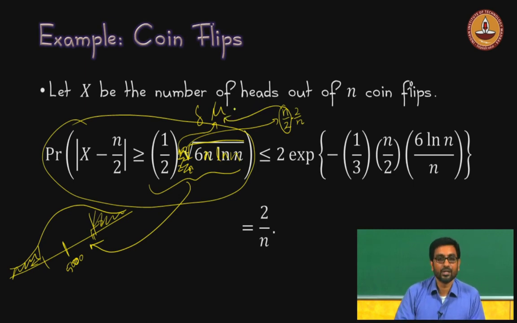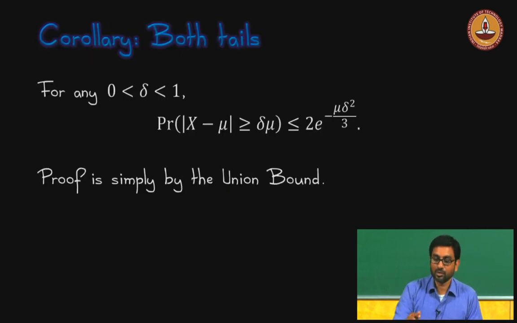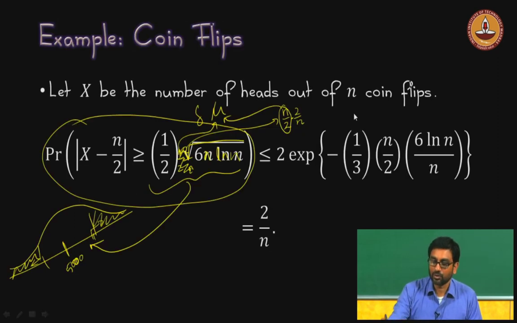Whatever is left is your delta. So, now we have the delta and the mu. We can apply the formula, and if you recall, it is 2 e to the minus mu delta square by 3. That is what you are applying over here. And when you apply it, you get 2 over n.